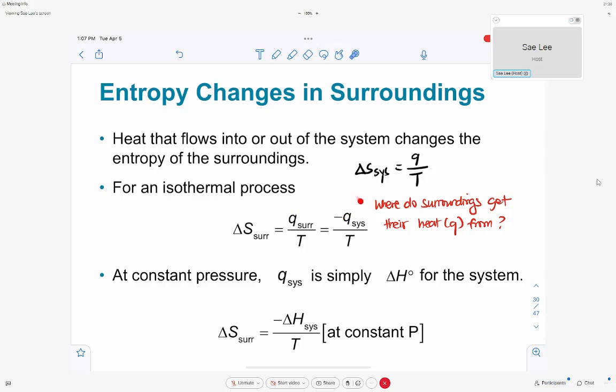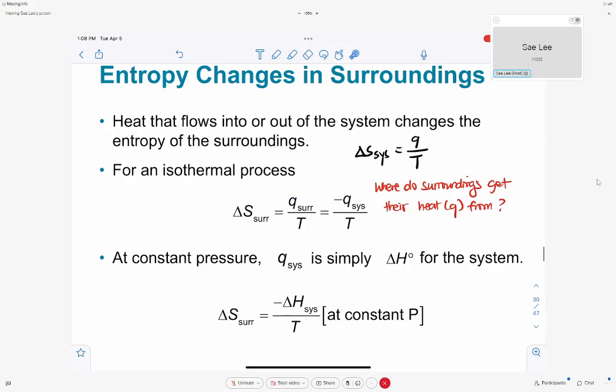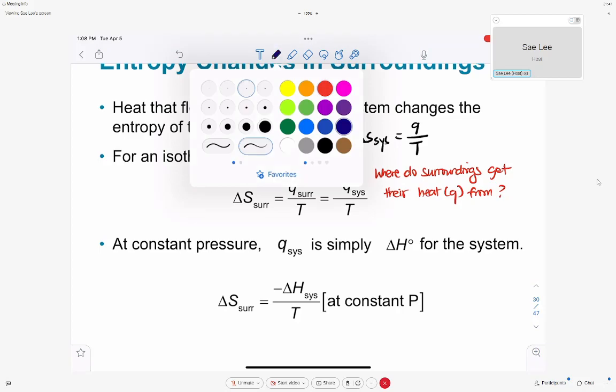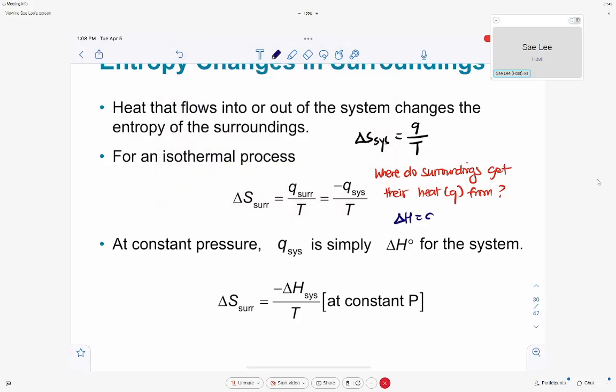They have a negative relationship. And from Gen Chem 1, we already learned that change in enthalpy equals the heat. So this portion is basically delta H of the system. We learned this from Gen Chem 1: change in enthalpy equals the heat consumed or released by the system.